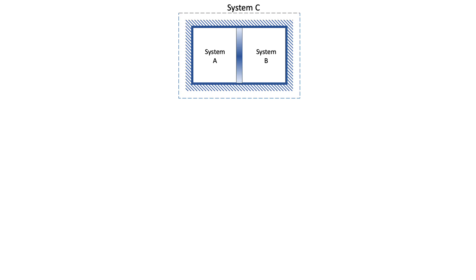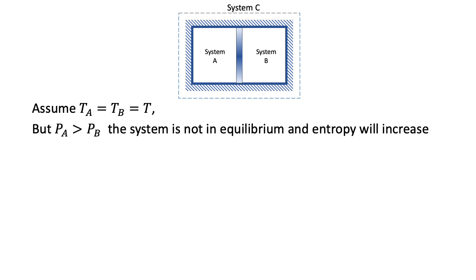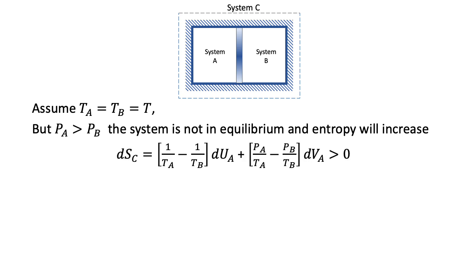So let us analyze what happens when the pressures are not the same on both sides of the piston. Let us assume that the temperatures are the same on both sides. So TA is equal to TB, in which case we can drop the subscript and just call the temperature T. But let us assume that PA is greater than PB, in which case the system is not in equilibrium and the entropy will increase.